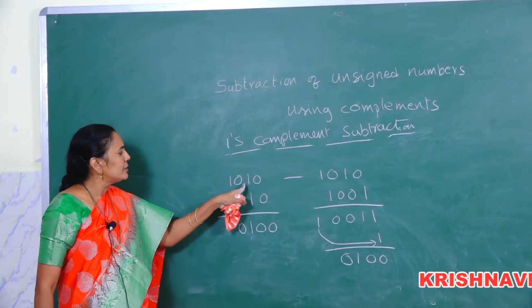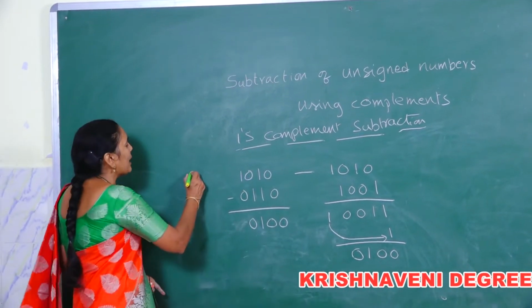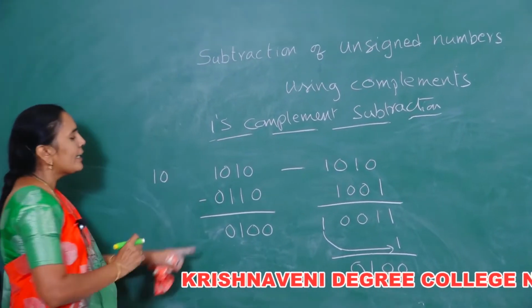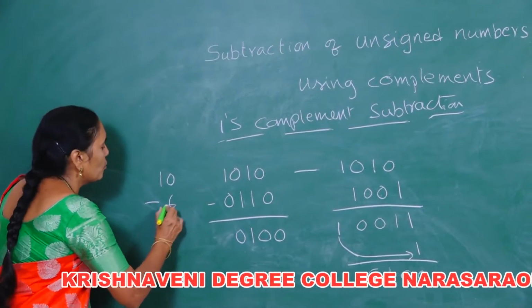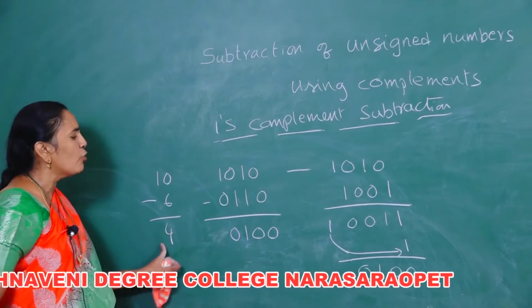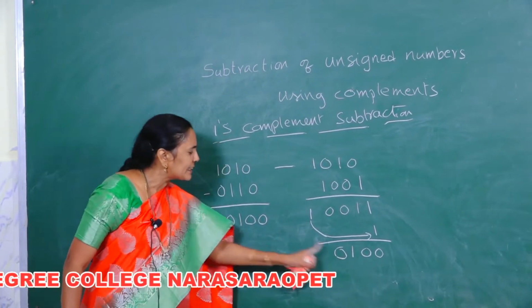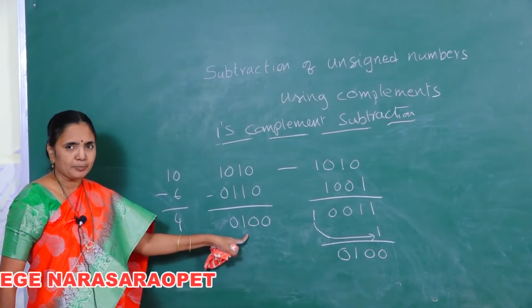Here 1010 is the decimal equivalent of 10, 10 minus 6, whose answer will be positive 4. The answer is the same in both the cases.